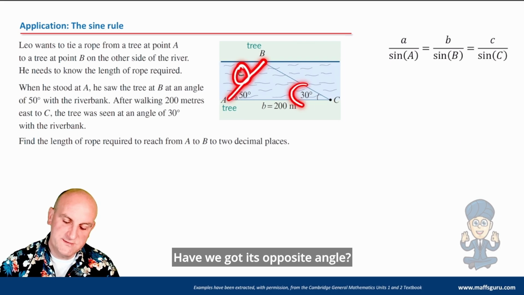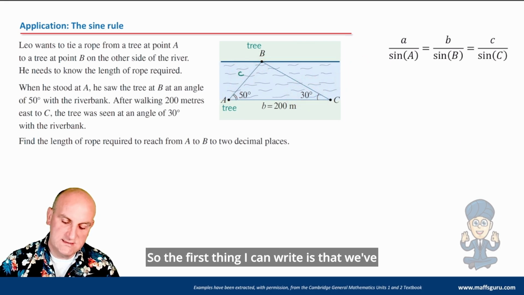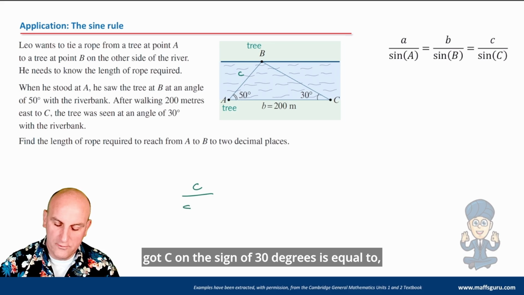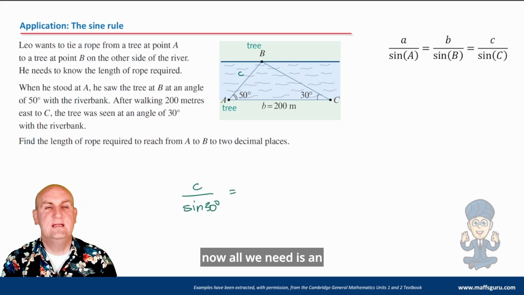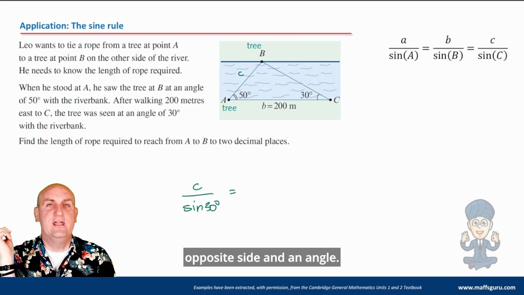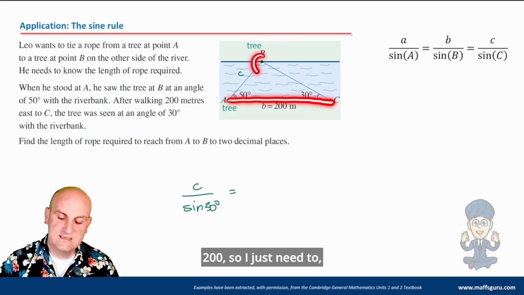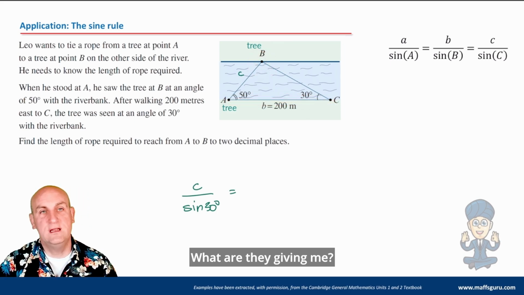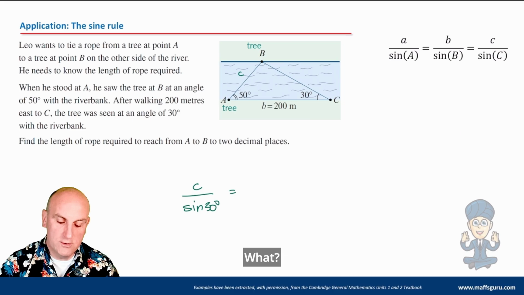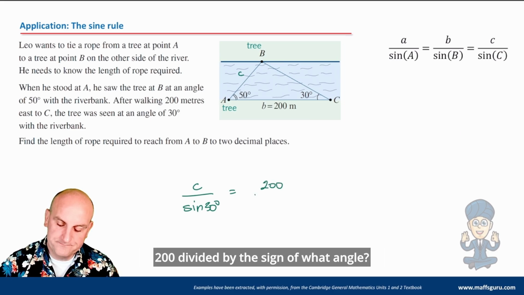Marvelous. Have we got its opposite angle? We do. Good. So the first thing I can write is that we've got C over the sine of 30 degrees is equal to. Now all we need is an opposite side and an angle. Well, they've given me a side length here of 200. So we already know that that's now going to be 200 divided by the sine of what angle?